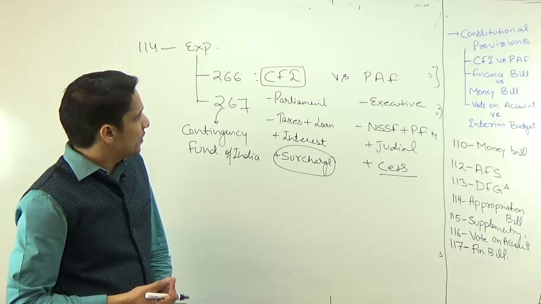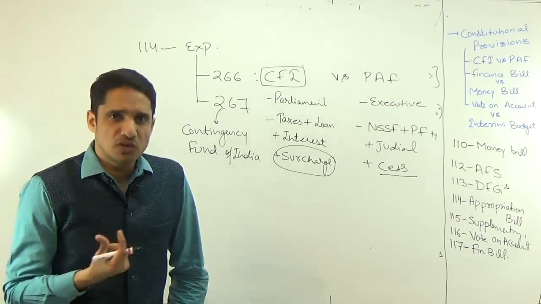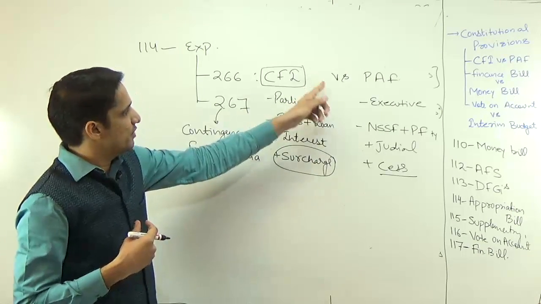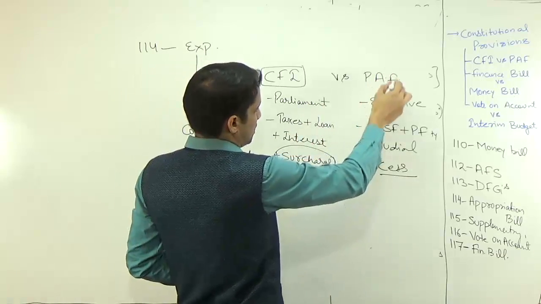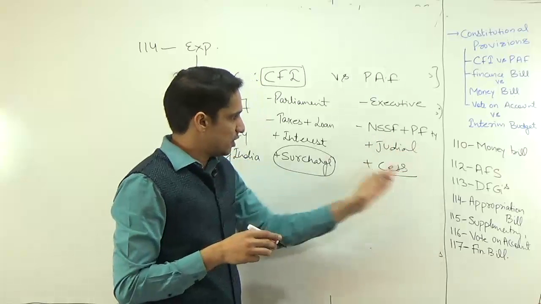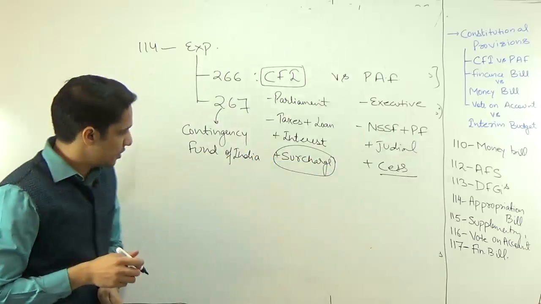So the Consolidated Fund of India is a type of account being maintained by the government, and to withdraw even 1 rupee from CFI, you have to take permission of the Parliament. And the Public Account Fund is in the hands of the executive, and such things as NSSF, PF are part of the Public Account Fund of India.